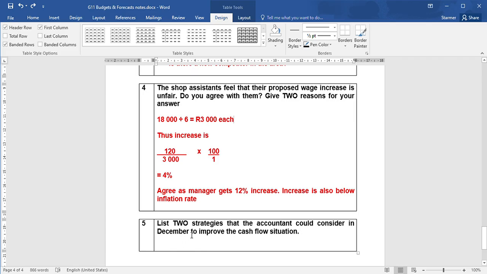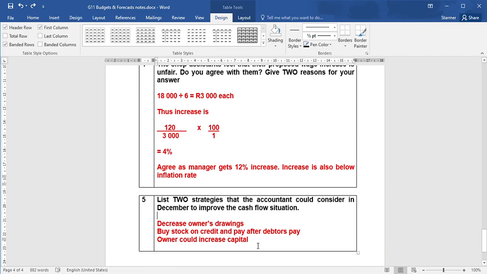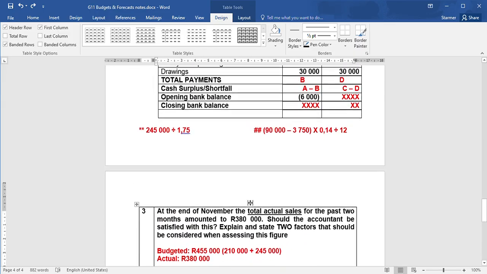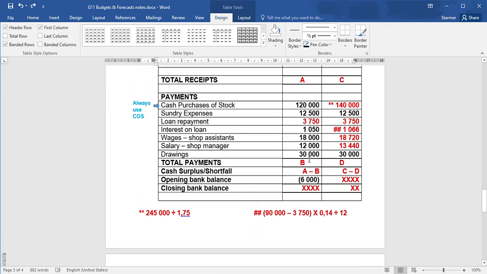And then list 2 strategies that the accountant could consider in December to improve the cash flow situation. Okay, so obviously you're going to end up with a negative balance, which I didn't calculate. You need to look at reasons for this. Perhaps the owner's drawings are too high. If you have a look here, his drawings are 30,000.